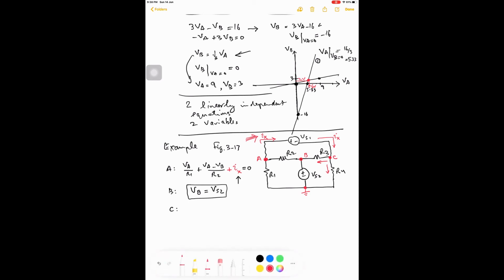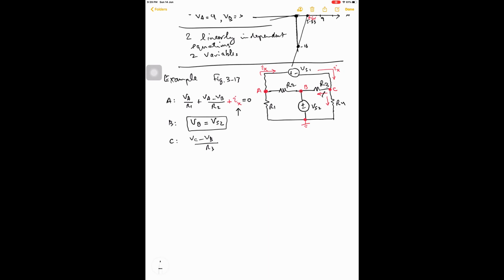Now if we write the equation at this node, this current is Vc minus Vb divided by R3, plus Vc minus 0, the ground node, divided by R4. These two currents are leaving according to our assumption, but this current Ix is coming towards the node.